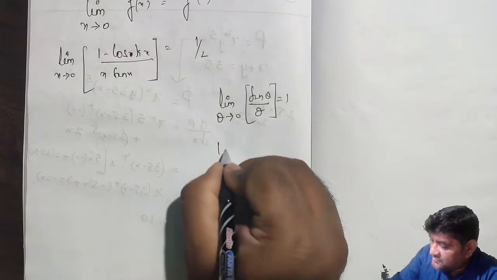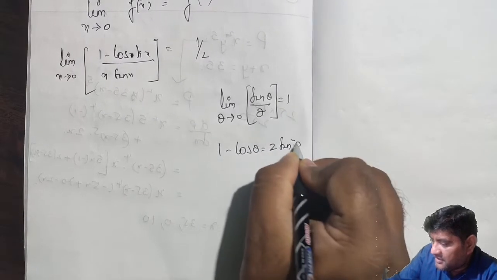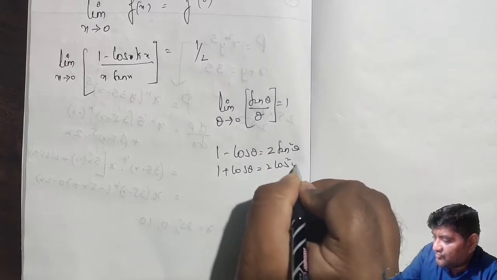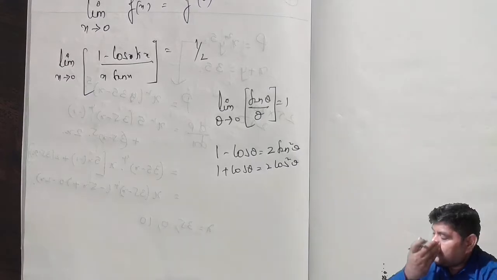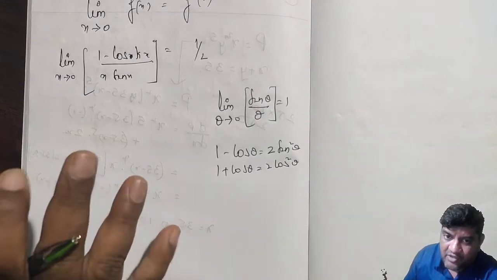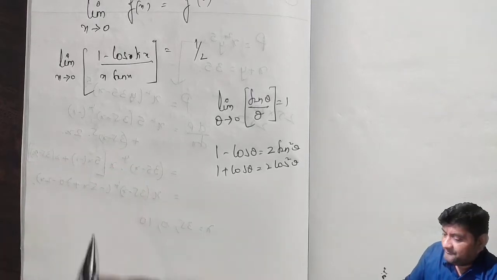Remember, whenever you see 1 minus cos theta, it is 2 sine square theta by 2. And 1 plus cos theta is 2 cos square theta by 2. It is very useful to remember this because these formulas will appear in multiple chapters in your differentiation, in your integration, in inverse trigonometry. It will appear at multiple places.